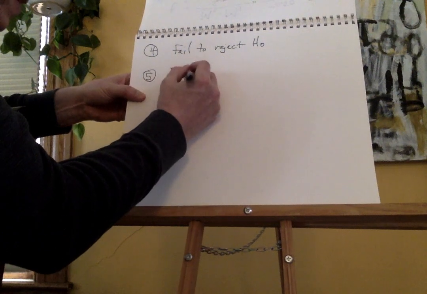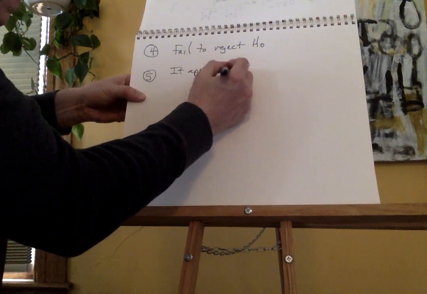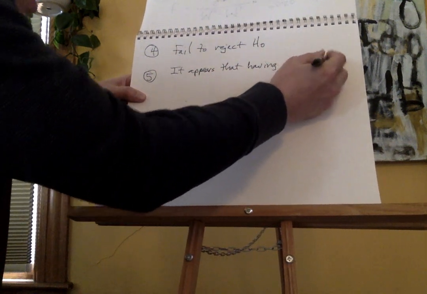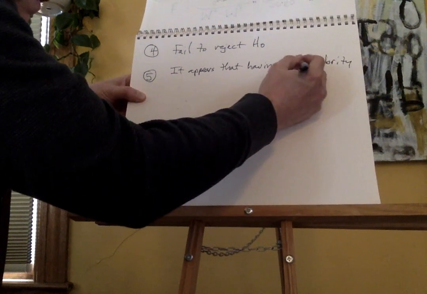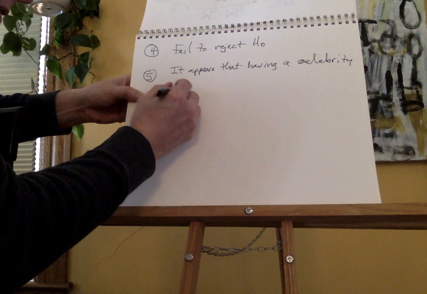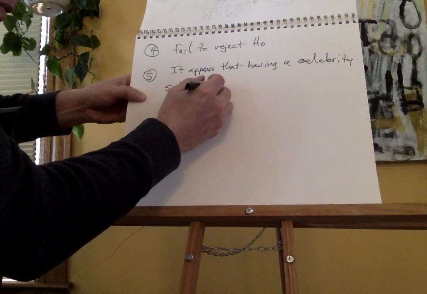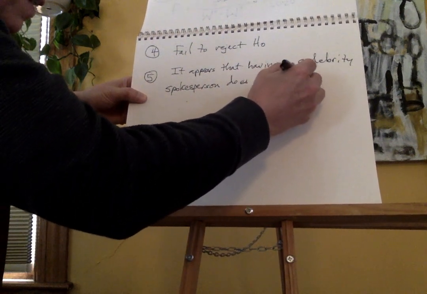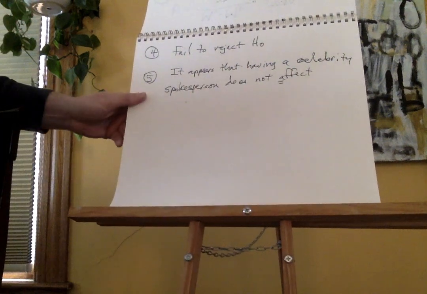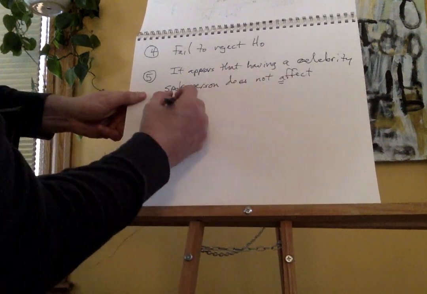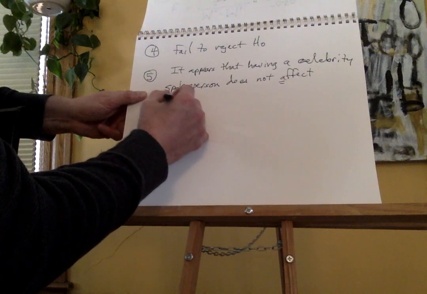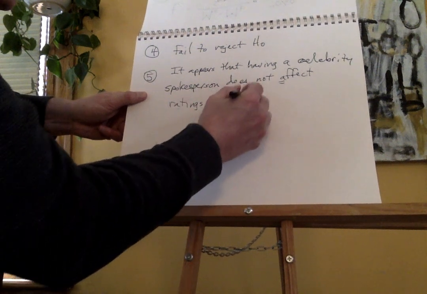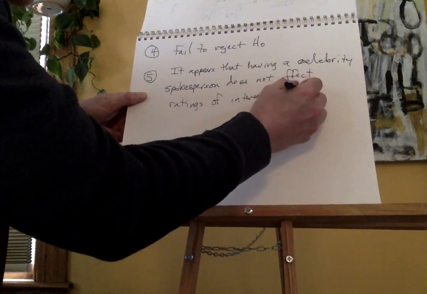And I would say it appears that having a celebrity spokesperson does not affect, with an A, right, because it's a verb, does not affect, let's say, ratings of interest in buying the beer.